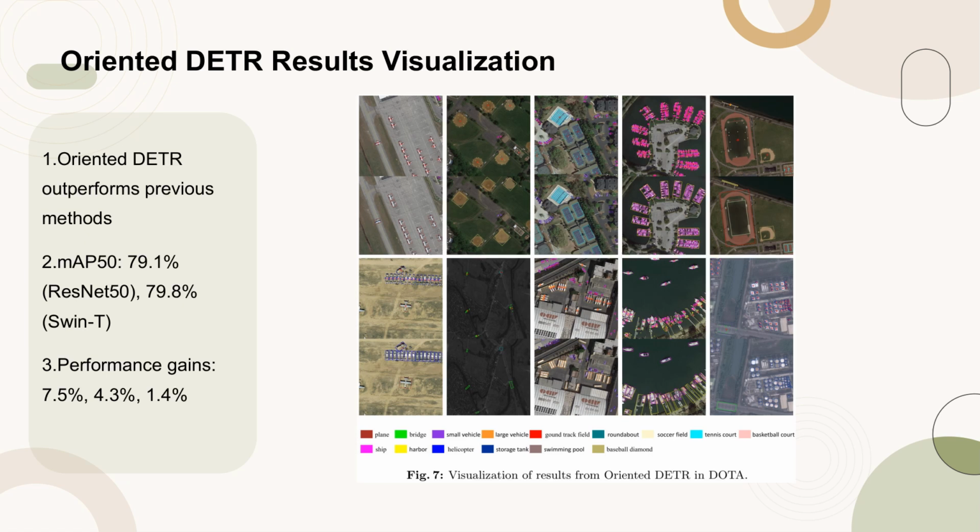Notably, oriented DTR showed significant performance gains over other DTR-based methods, such as EMO2-DTR, ARS-DTR, and AO2-DTR, with increases of 7.5%, 4.3%, and 1.4% respectively. This visualization underscores the superior performance of oriented DTR in object detection tasks within the DOTA dataset.